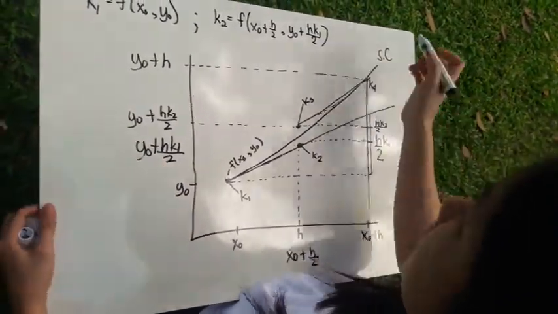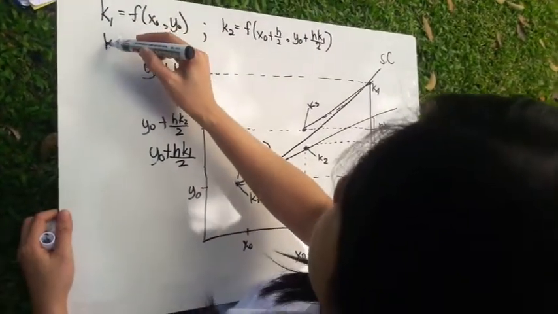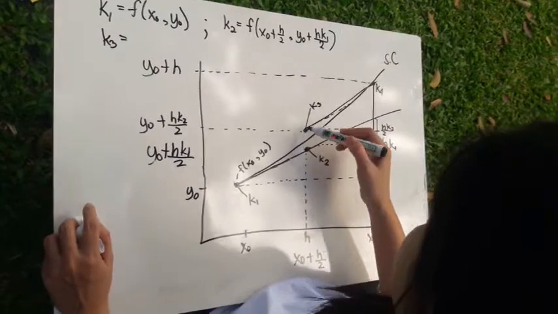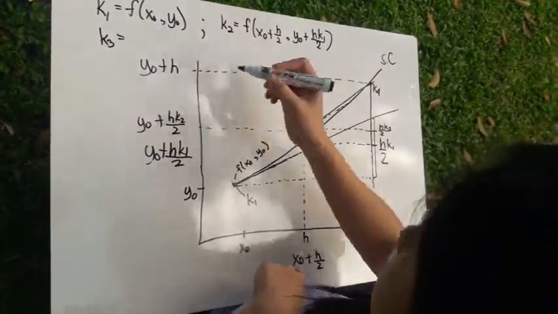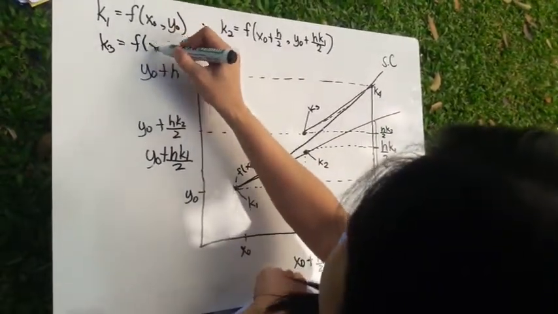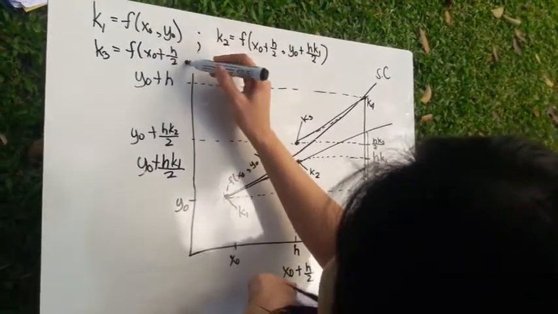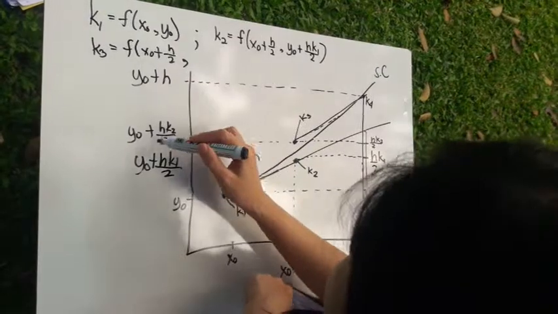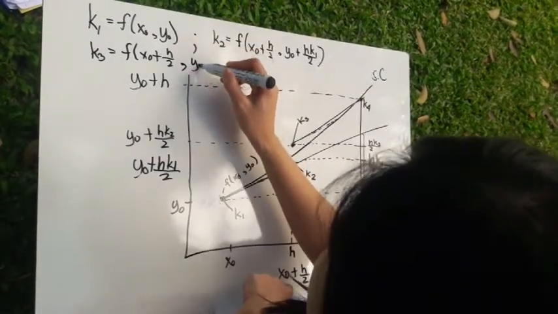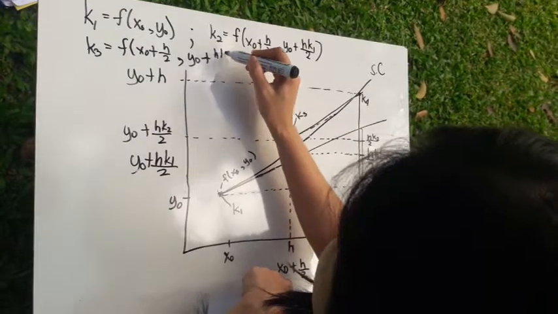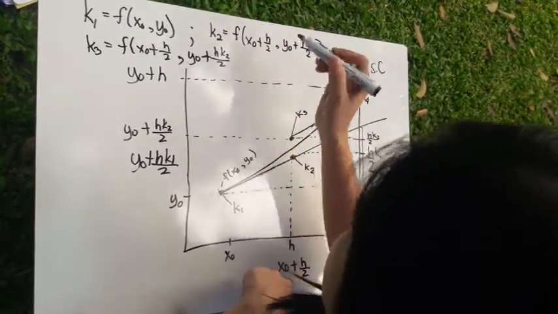And then our K3 is here. The function of x sub 0 plus h over 2 and function of y sub 0 plus h K2 over 2.